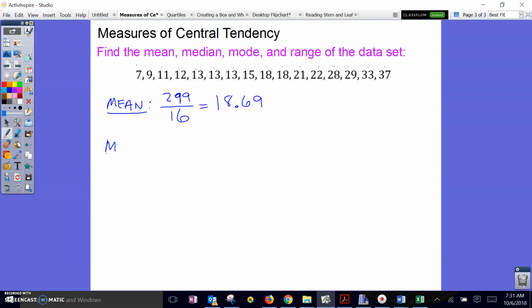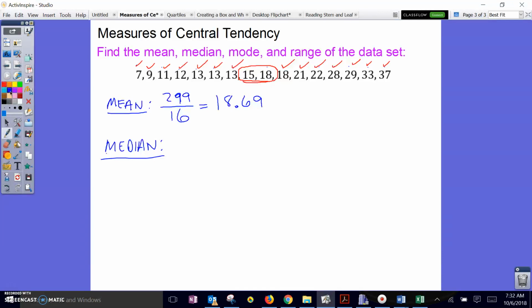Okay, next, the median. Now this is going to be a little different from the first one, because when I count in my numbers from each end, we end up having 2 numbers that split the middle, and the median is actually in between those 2 numbers.